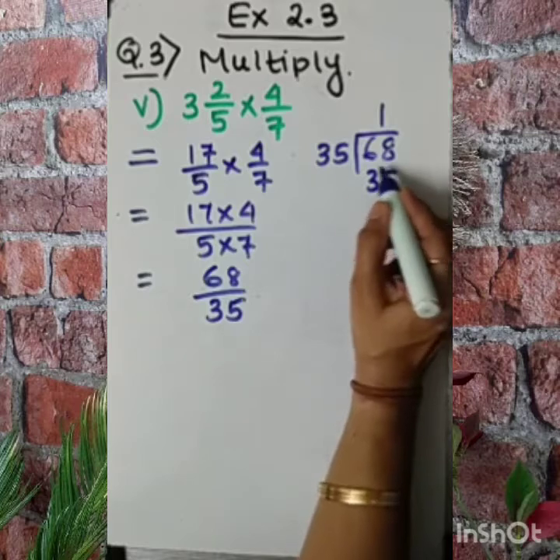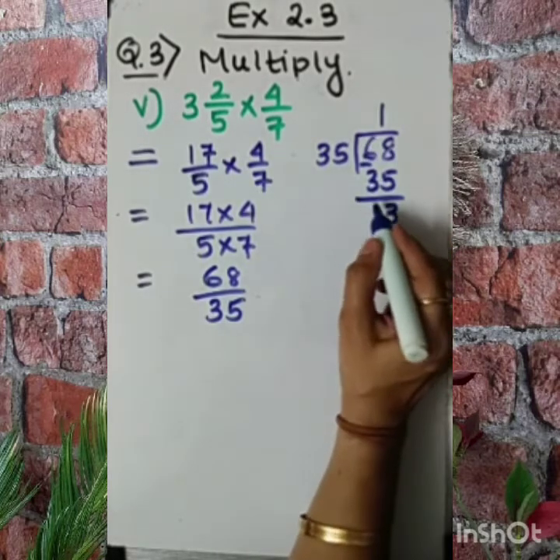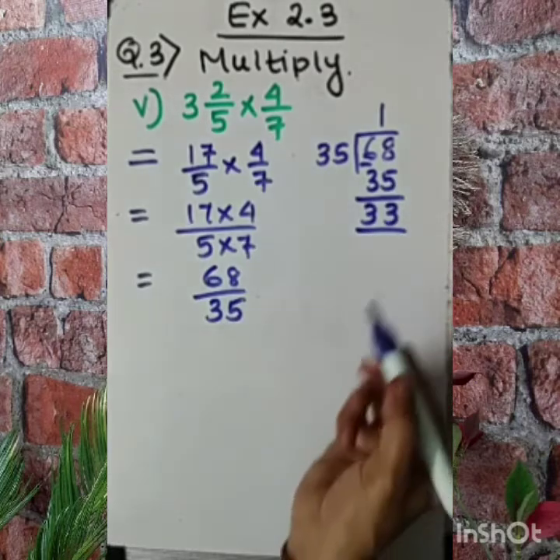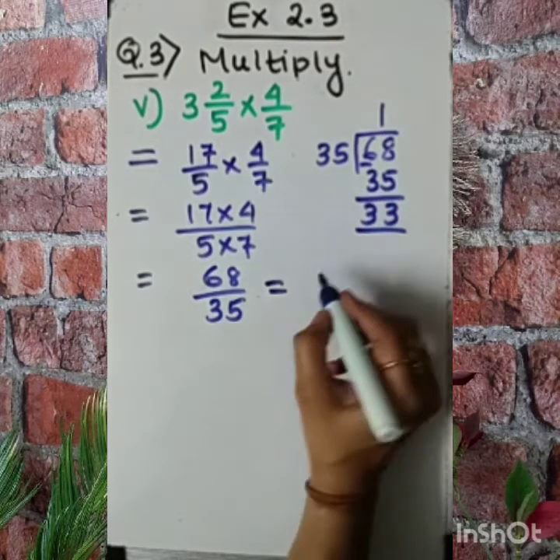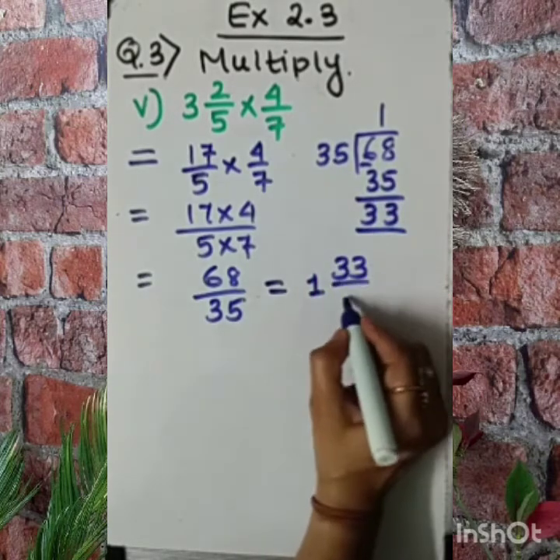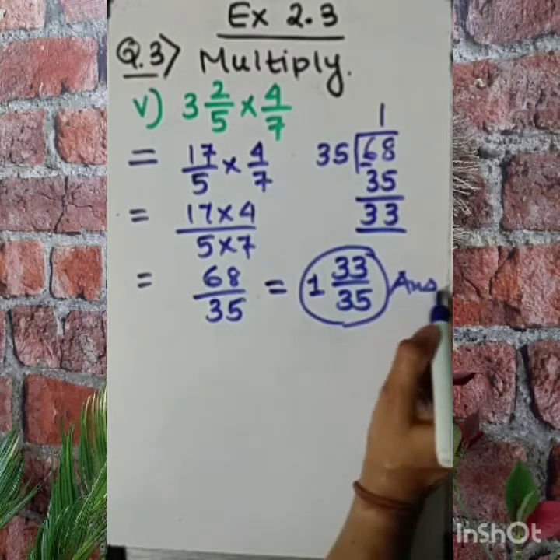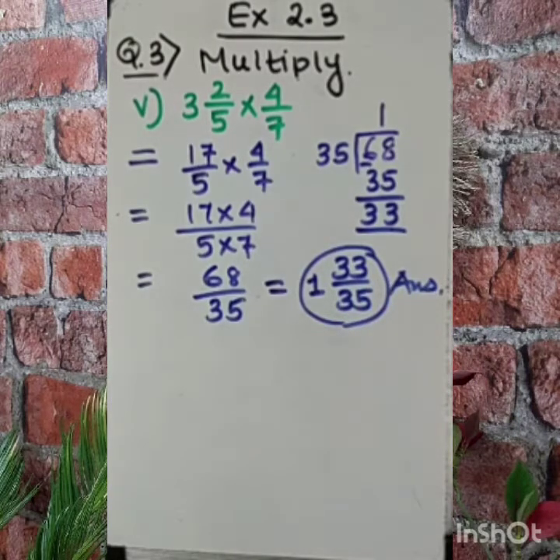If I subtract 35 from 68, 8 minus 5 is 3, 6 minus 3 is 3. So the answer is 133 by 35. This is the solution, which is quite easy.